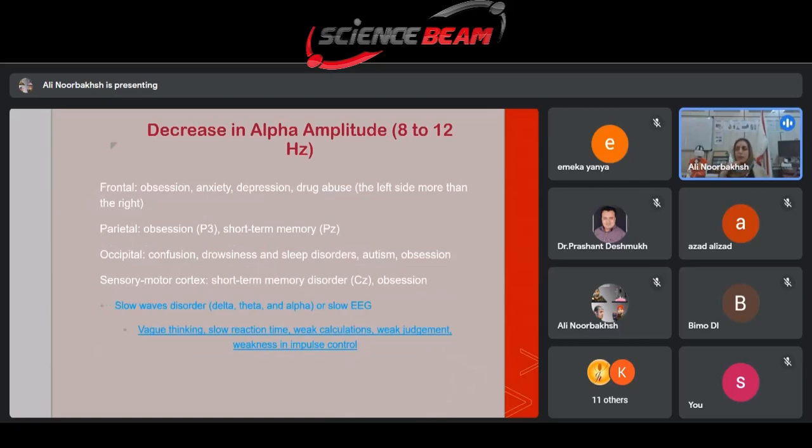A decrease in alpha amplitude in the frontal lobe is related to obsession, anxiety, depression, drug abuse, especially on the left side more than the right side. In the parietal lobe, obsession and short-term memory problems, especially at PZ.